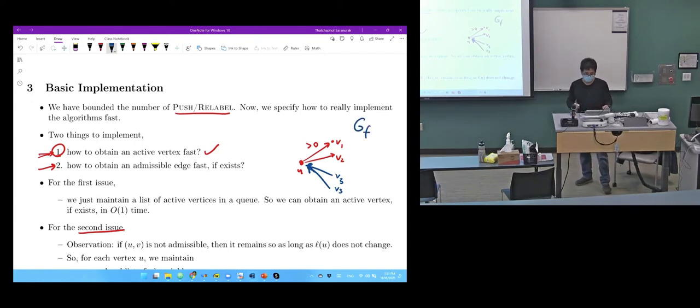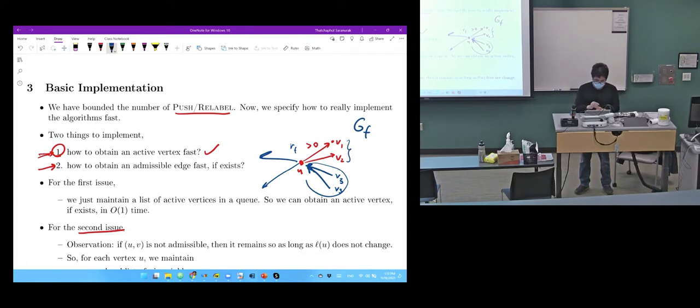Suppose that this one is still admissible, the residual capacity is still more than 0, but some of them are not admissible. Maybe some of them are not even in the downward direction.